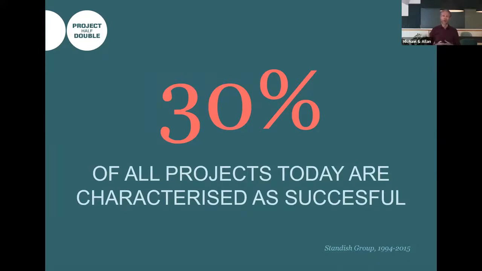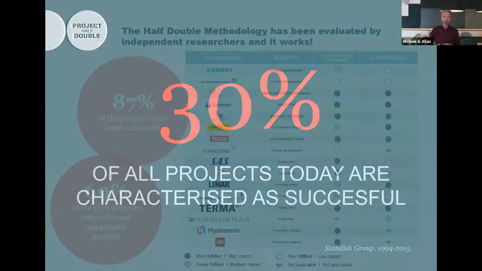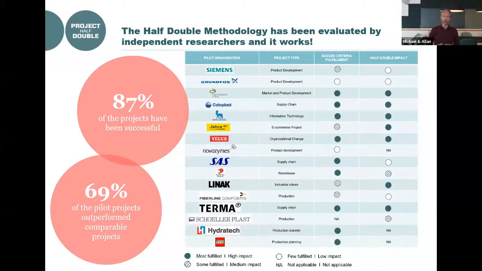And so far, with the Half Double project methodology, we have actually proved that it works in projects. We have assigned a research team who have looked into the 16 pilot projects where we have developed the methodology and applied the methodology. And in 87% of the cases, the actual success criteria were realized in the projects.